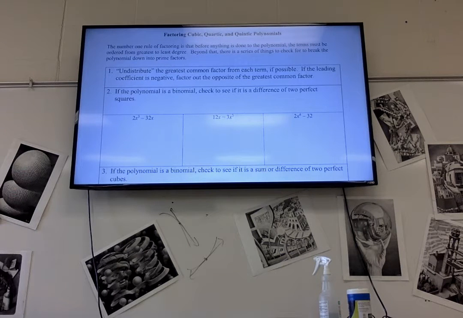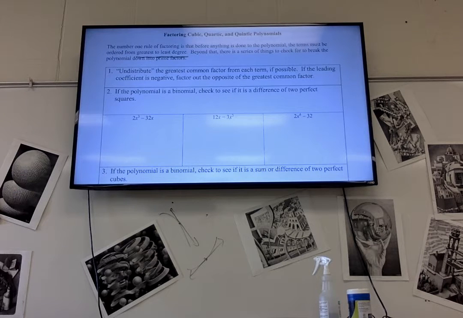Okay, so we're going to talk about factoring. We've been doing factoring, so this is going to be review, hopefully. It says on here, and I don't know if this is technically my number 1 rule, but it makes it a lot easier: when you're factoring, before you do anything else, order them from greatest to least degree.